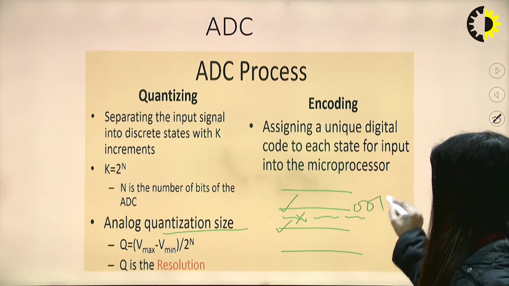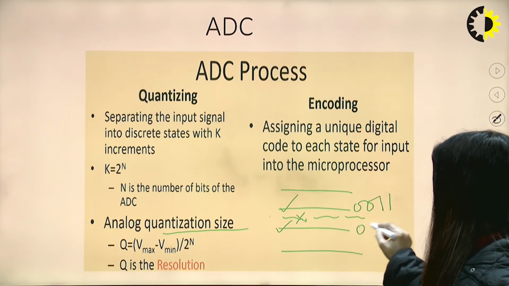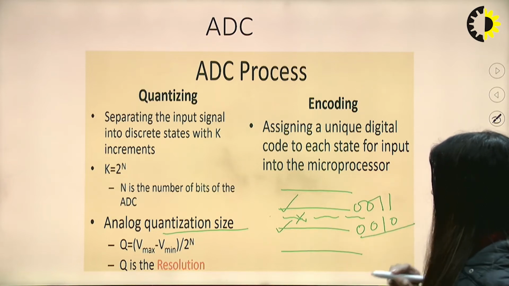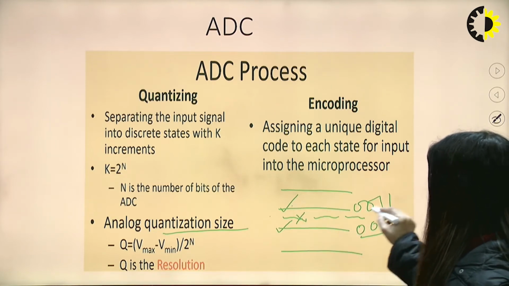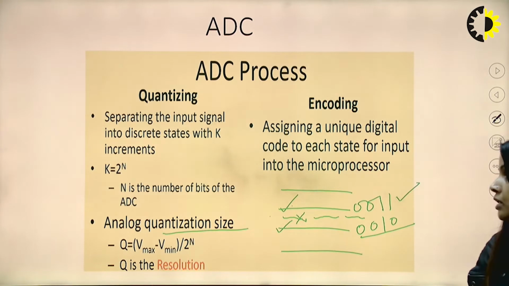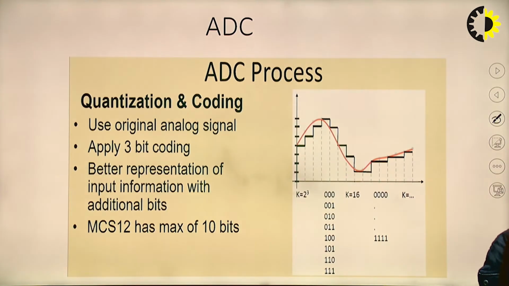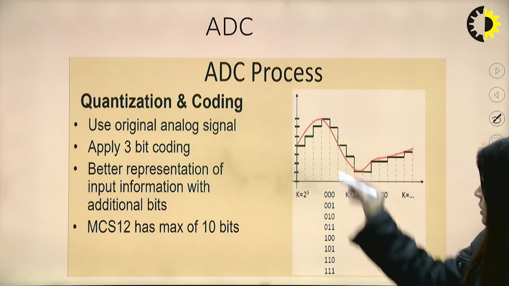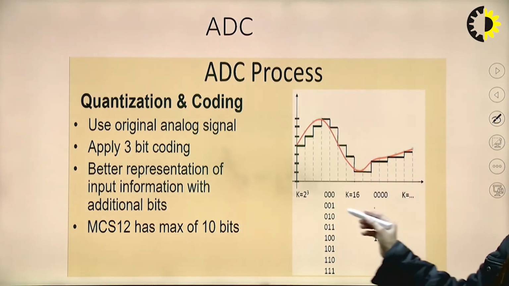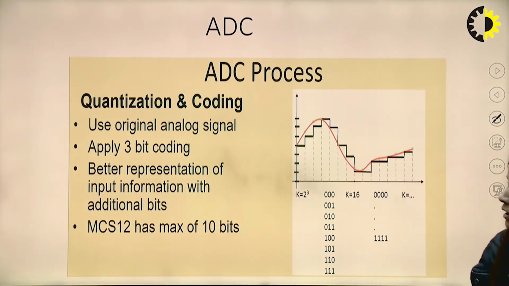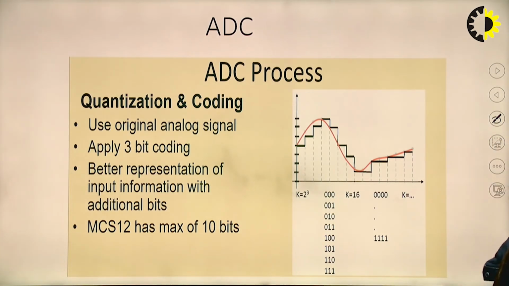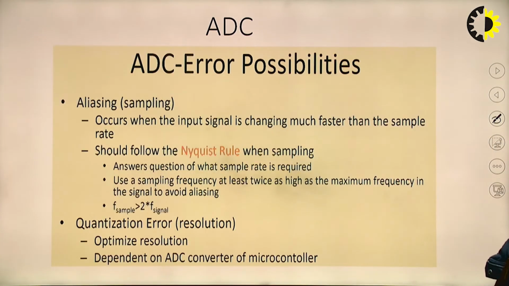Let's say it is encoded in this way, and this one in this way. So this is how we encode the quantized signal. Here is a better representation: we have all the levels, the sample values fall, and according to the levels we give the encoding of those sampled values.